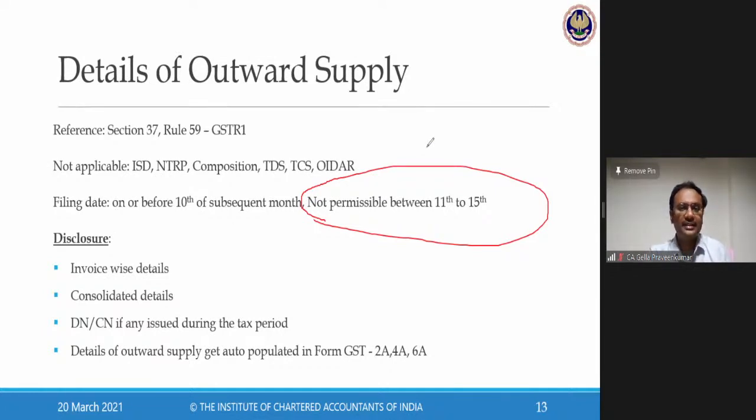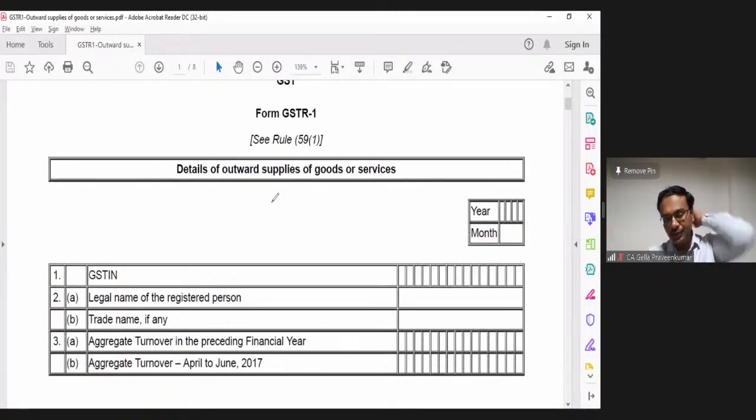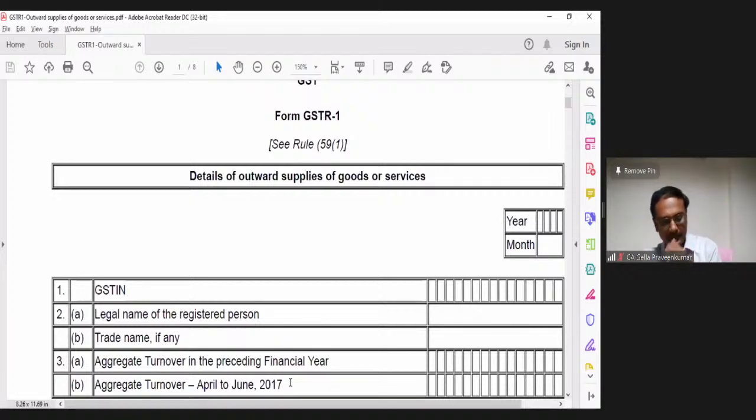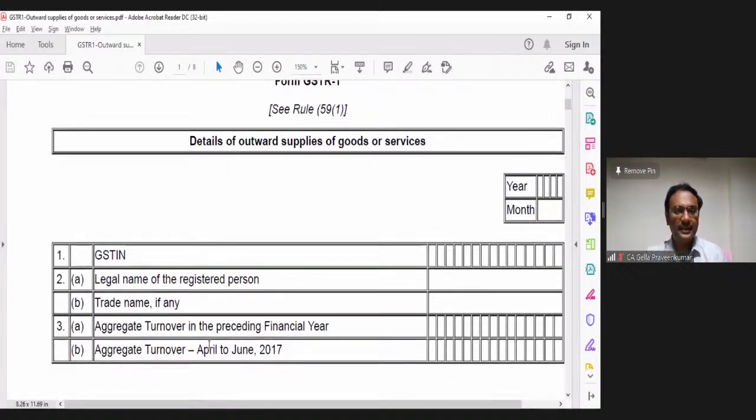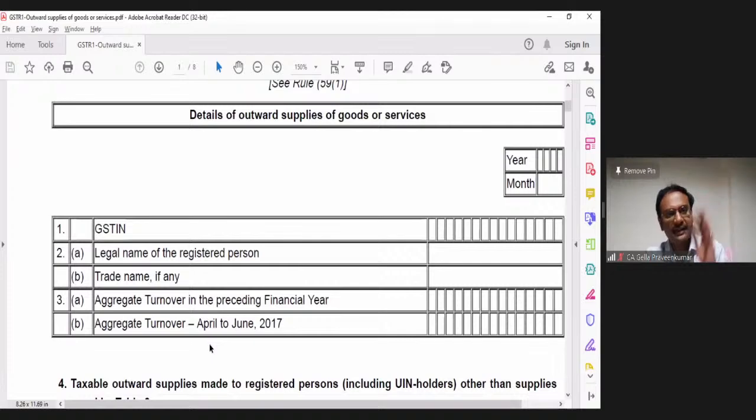I'll share the GSTR 1 form, which gives you an understanding of this particular thing. I hope you are able to see this form called GSTR 1. I hope there is visibility. Now, it starts with the basic information, details of outward supply.